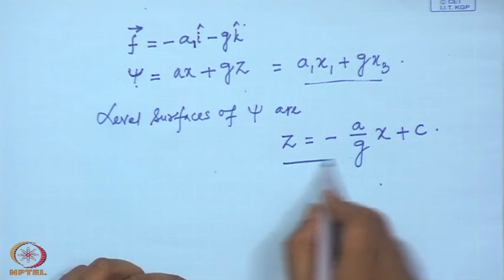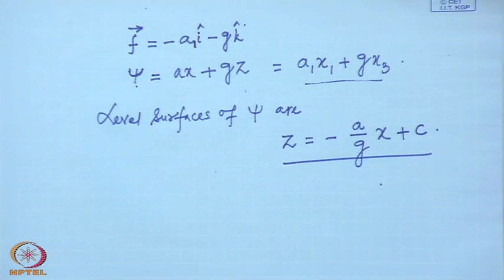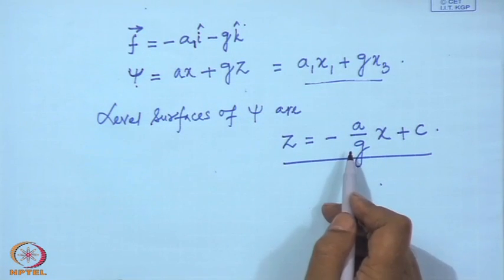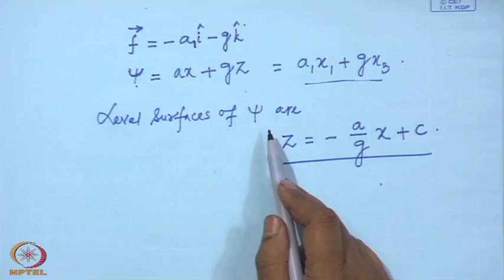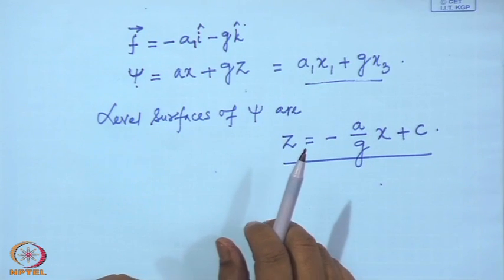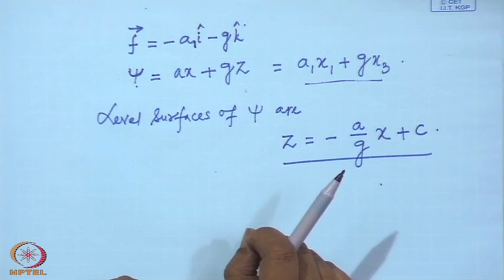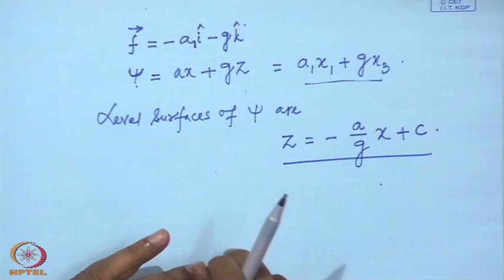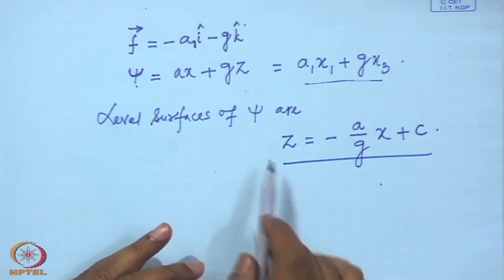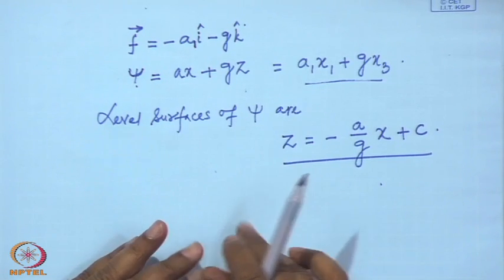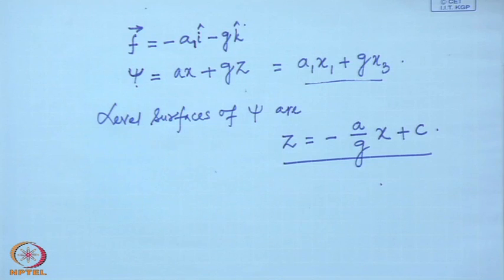These are the level surfaces of psi, and also these are the level surfaces for pressure and density. All three, psi, p and rho, have the same level surfaces, and also the body force vector will always be normal to that level surface.